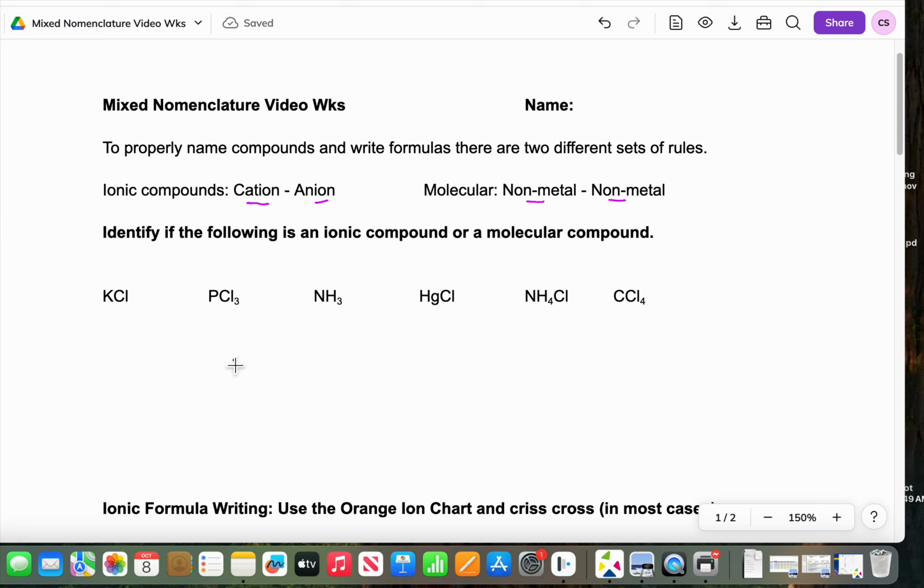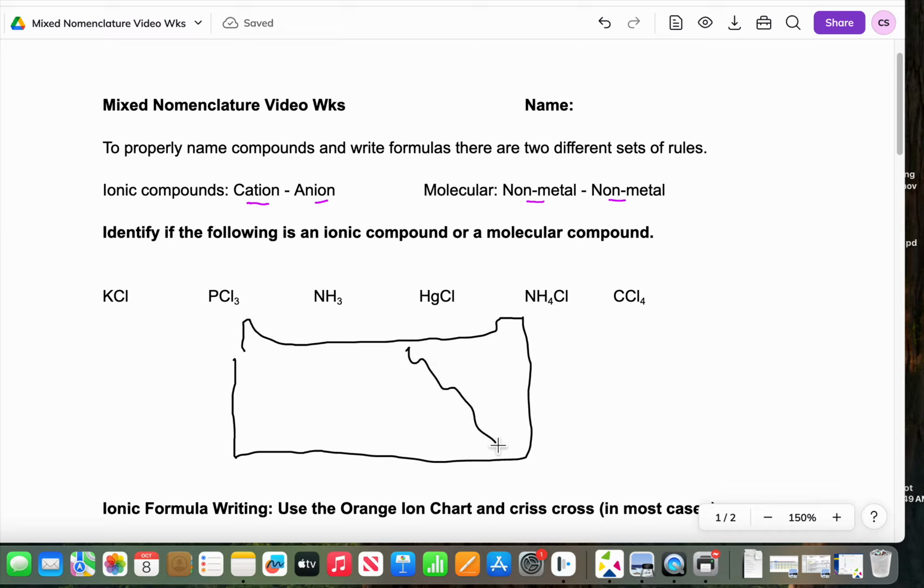So anyway, if you have a periodic table, this is a crude drawing of it, but anyway, here are the metals on this side, or the cations are metals, and the anions or nonmetals are on this side.